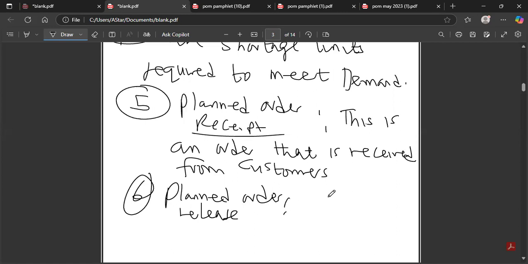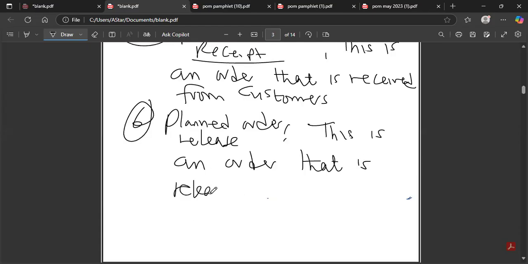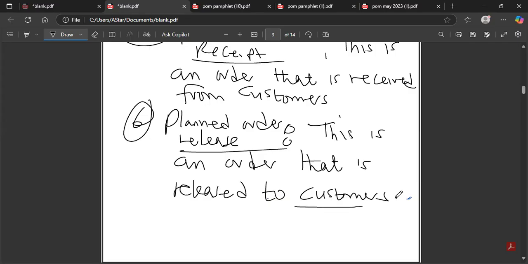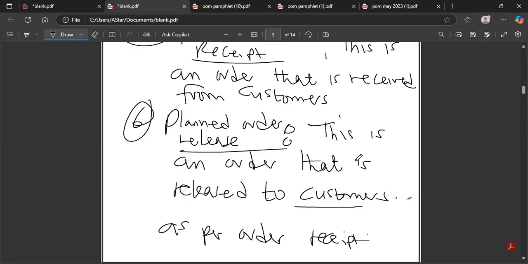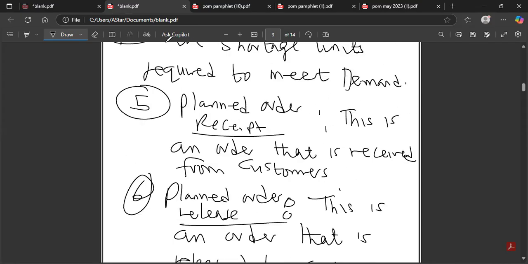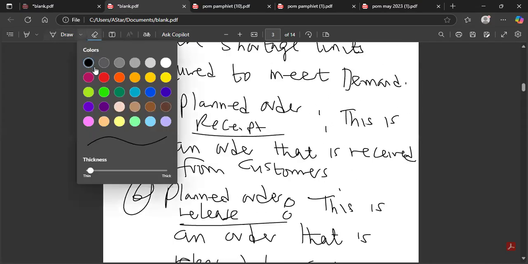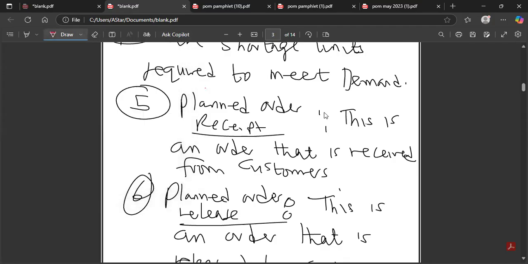So this is an order that is released to customers. So that's a planned order release. It's an order that is released to customers, as per orders receipt. So this is what happens as we're looking at the MRP.